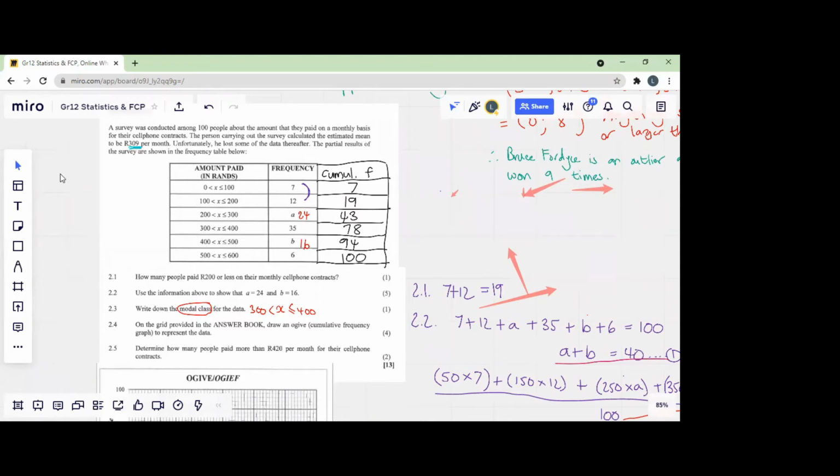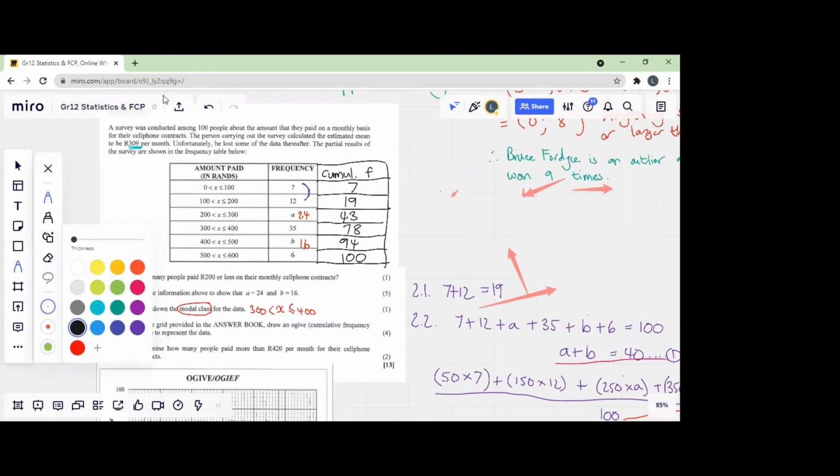Okay, so when we are plotting cumulative frequency, first things first, this value over here, this one that's given to you here.